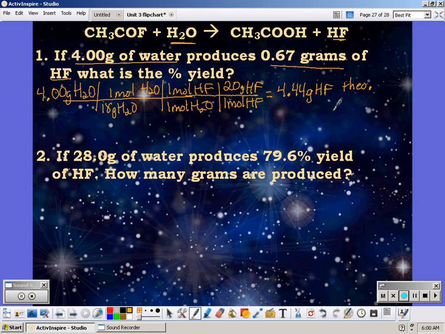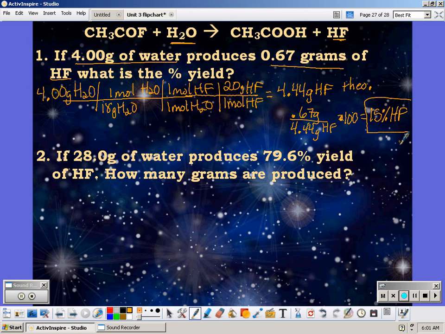So I'm going to take my actual yield that they told me, 0.67 grams, divide it by my theoretical yield, 4.44 grams, and multiply it by 100, and I have a percentage of 15%. Well, 15% is really not good, and if you were working in industry, you'd be in a lot of trouble for only having 15% yield.